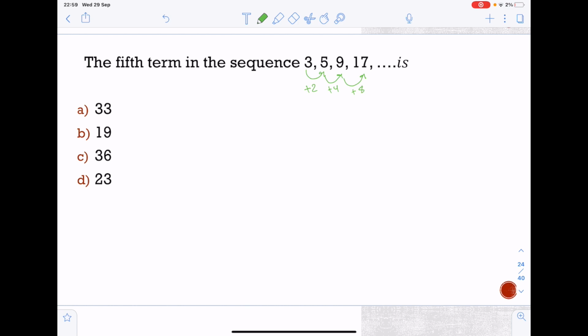So it seems like I double the value that I add every time. So here I should double 8 to 16, then I add 16 to 17. So 16 plus 17 is 33. So the answer is 23.